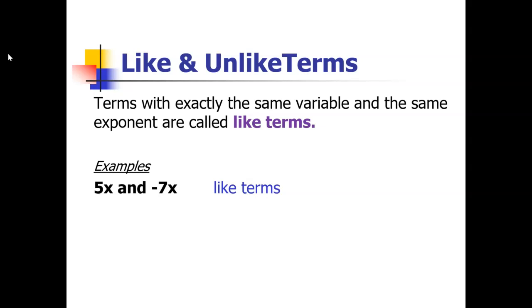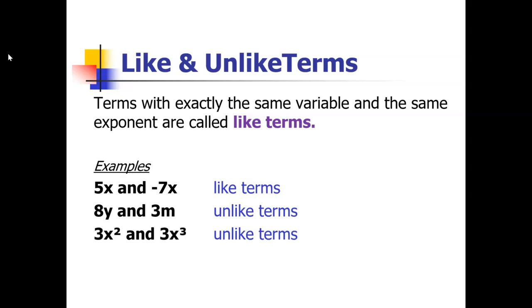That's what makes these two terms like. 8y and 3m are unlike because the letters y and m are not the same. 3x squared and 3x cubed are unlike, even though the variable x is the same, but the exponents 2 and 3 are not the same. That's what makes them unlike.